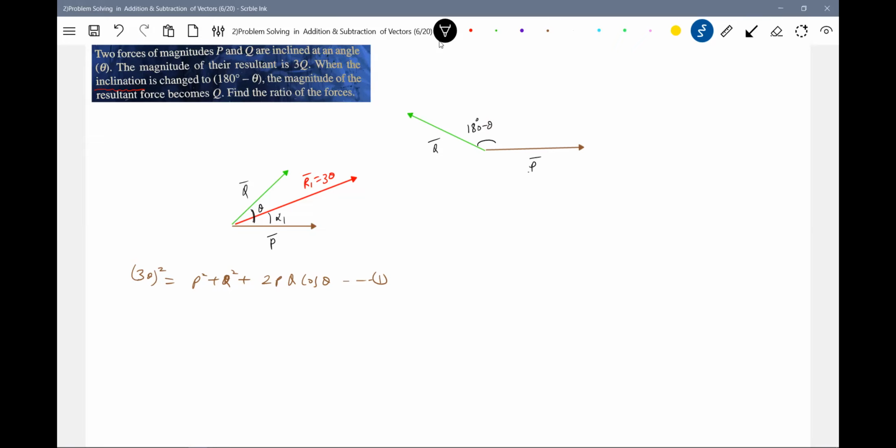The magnitude of the resultant force becomes equal to Q. So where will the resultant be? Somewhere we'll put it here. The resultant R2 bar will have magnitude Q.